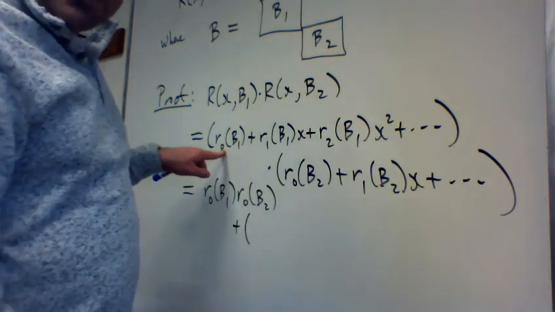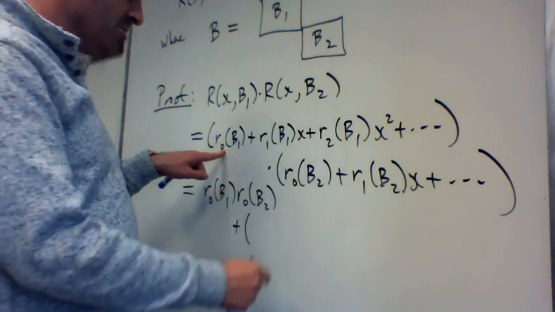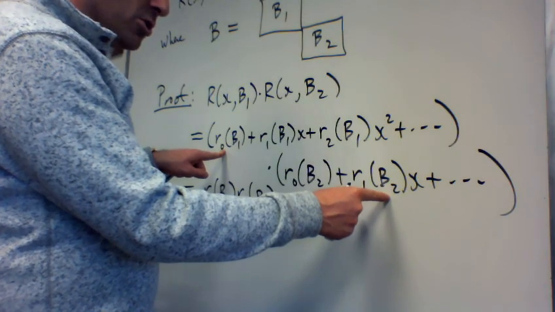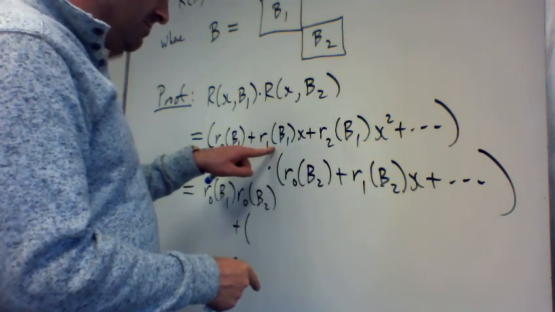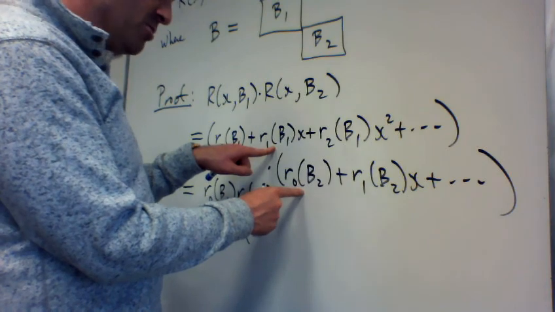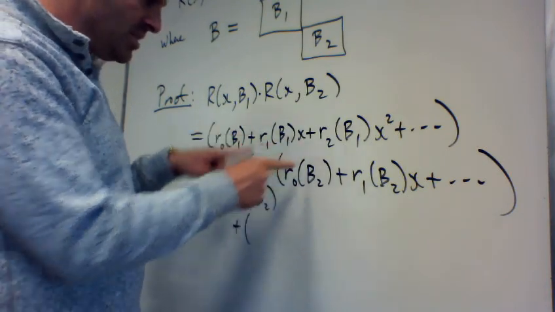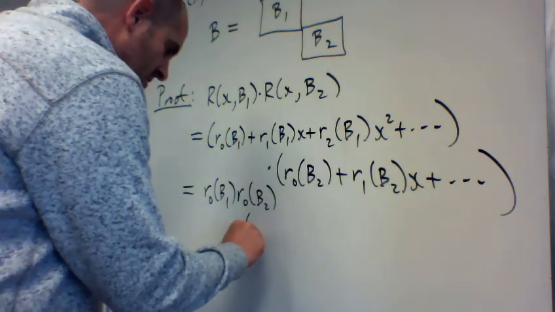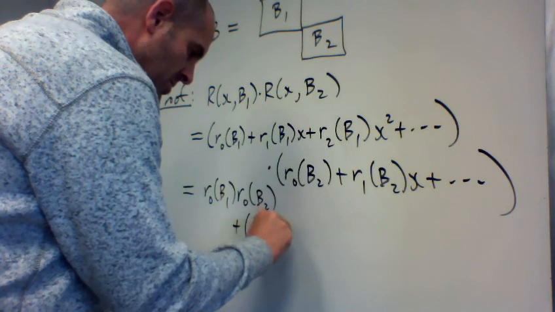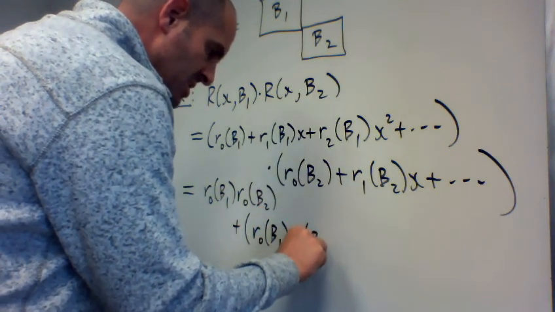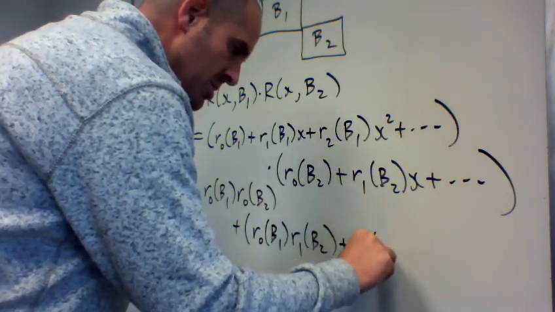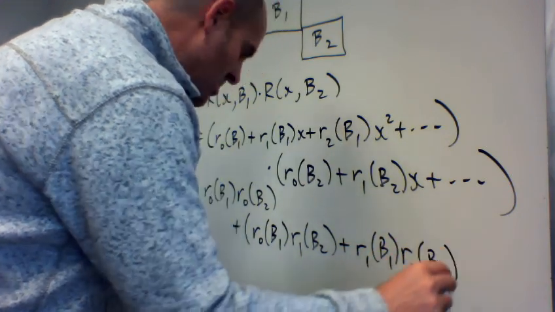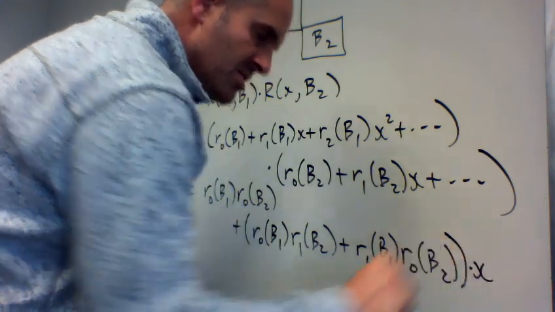Well, that's going to be gotten at by taking the zeroth term from B1 and the first term from the B2 rook polynomial, and the first rook number for B1 and the zeroth rook number for B2. That's going to give me the coefficient of x. So it's going to be R0 of B1 R1 of B2, plus R1 of B1 R0 of B2, all of that times x.